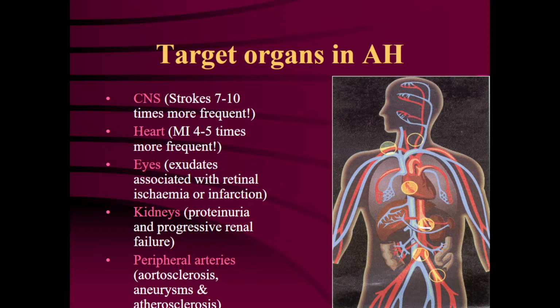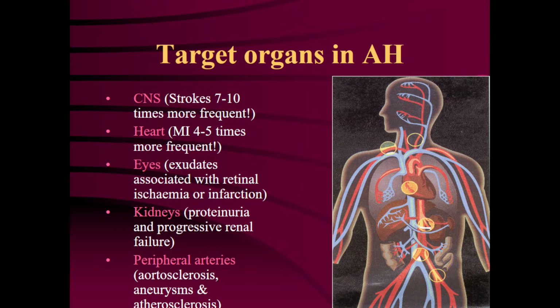And what organs are affected in patients with arterial hypertension? Such organs are named target organs. Are they significant organs? Are they significant systems? Now let us start with the central nervous system. What about the damage of the CNS? Strokes.